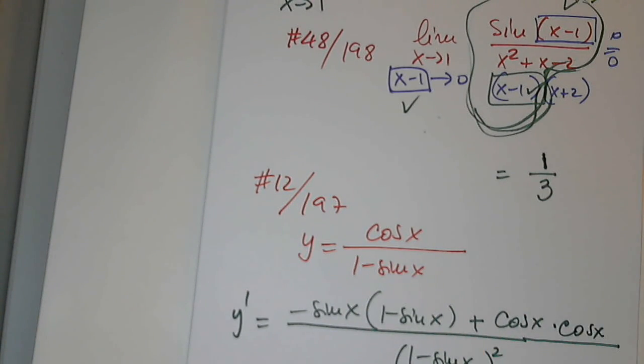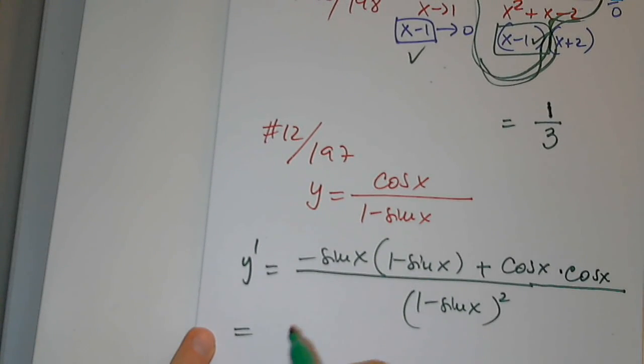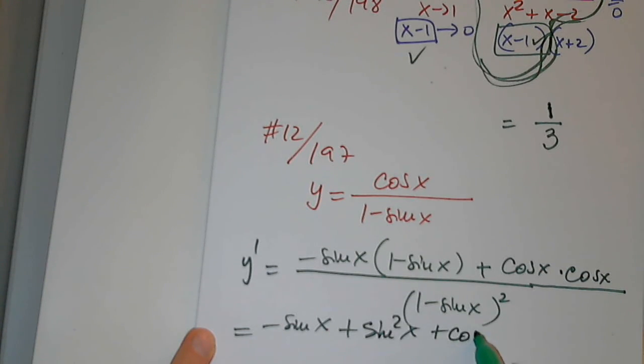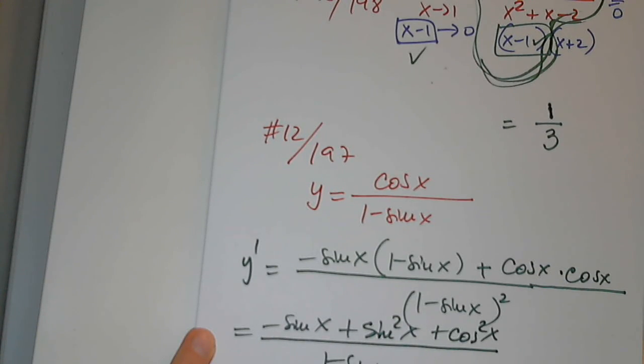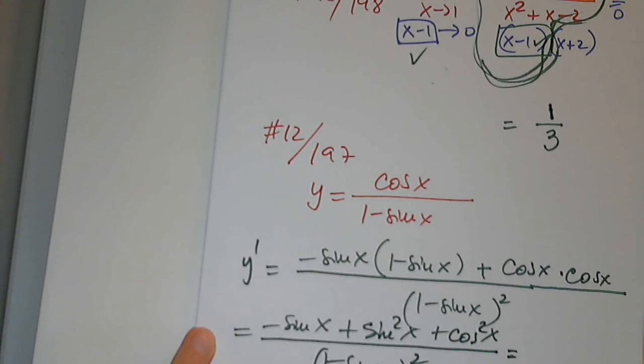Excellent. Okay. Well done. So then, I distribute. Negative sine x plus sine squared x plus cosine squared x over 1 minus sine x squared. But sine squared plus cosine squared is 1.